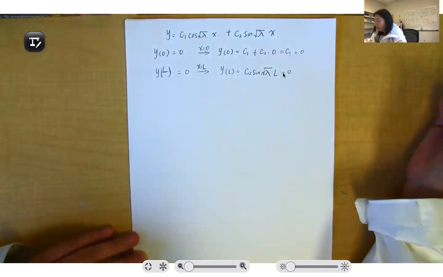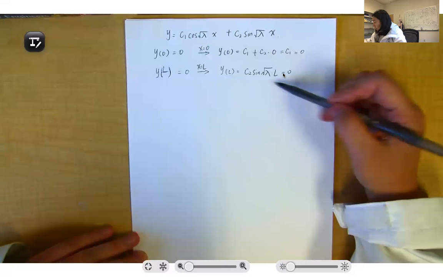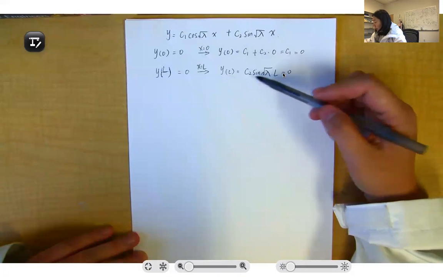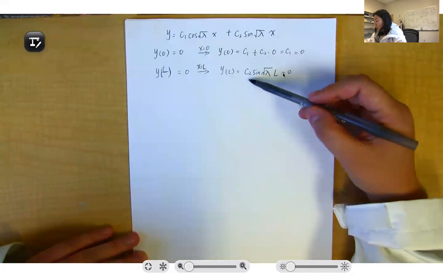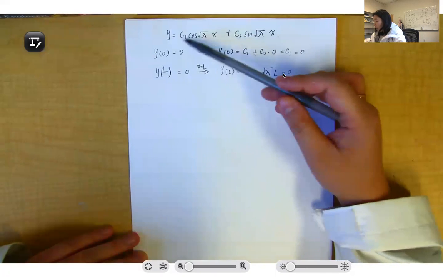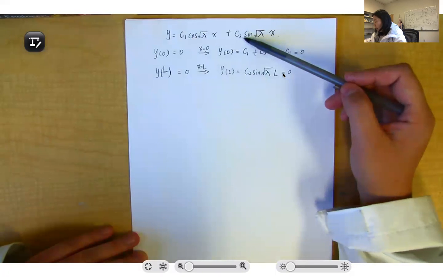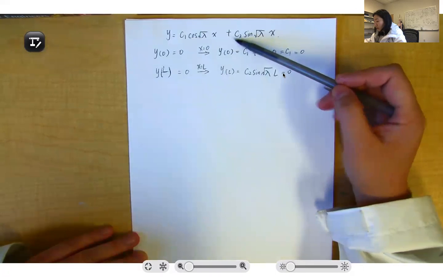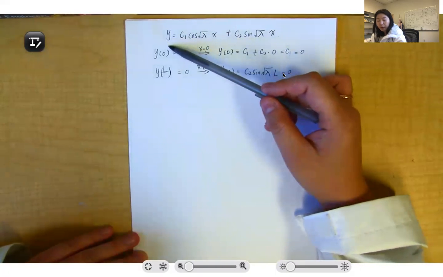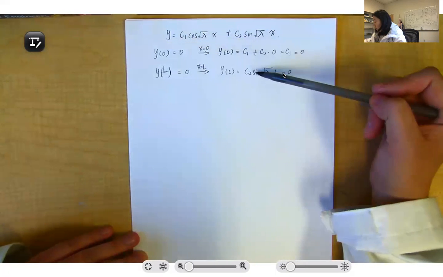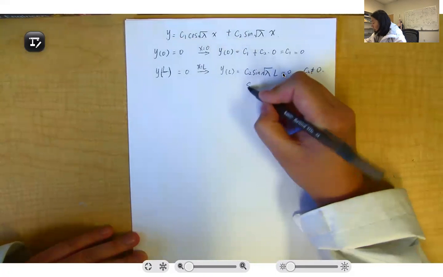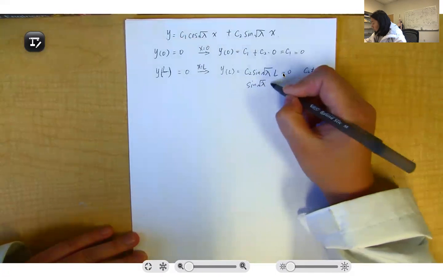Then what kind of sine part can lead to an overall 0? Here we need to note also that since our C1 equals 0, then C2 couldn't be 0. If C2 is also equal to 0, that will lead to a zero solution, right? The y equals 0. So C2 is not 0. That means our sine part has to be 0.